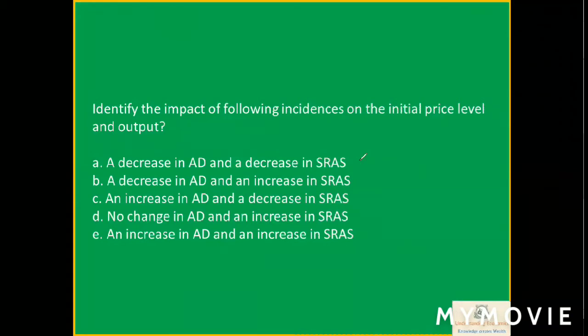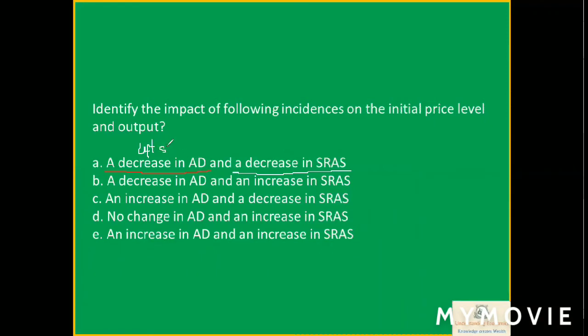In the first case, we can see that there is a decrease in the aggregate demand, and there is also a decrease in the aggregate supply curve. So, if there is a decrease in the aggregate demand, then we will see a leftward shift of the aggregate demand curve.